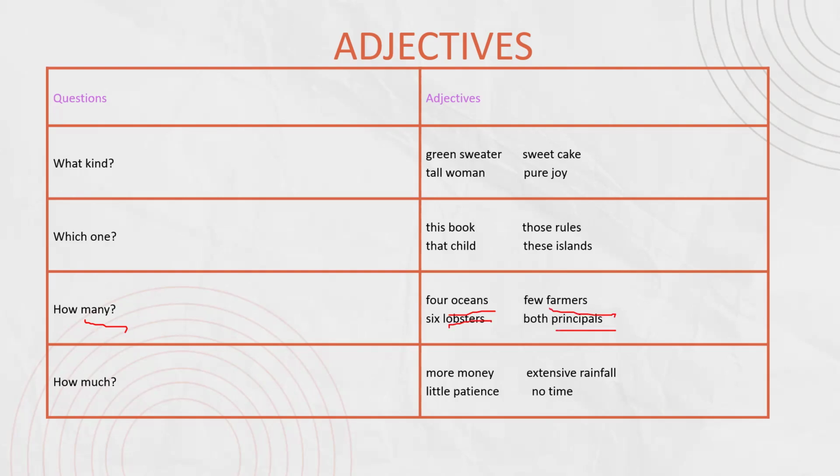You can definitely count those things. And of course, we only ask the question how much if we're pertaining to non-count nouns, rainfall, time. Okay? There.